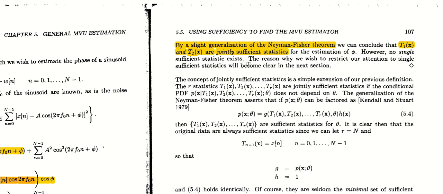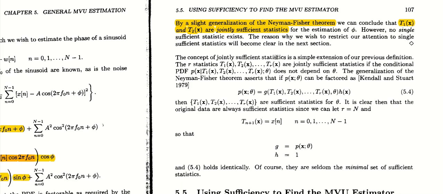You have to do two things, which is T1 and T2, and then if you maintain T1 and maintain T2, then you have sufficient information about phi. But if you have only one number, which is maybe T1 or T2 only, then it's not sufficient. Okay, so I think that will be the idea of joint sufficiency.